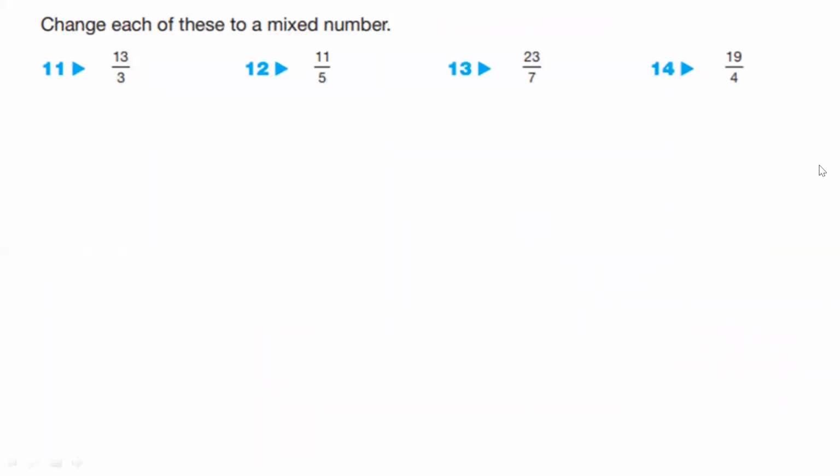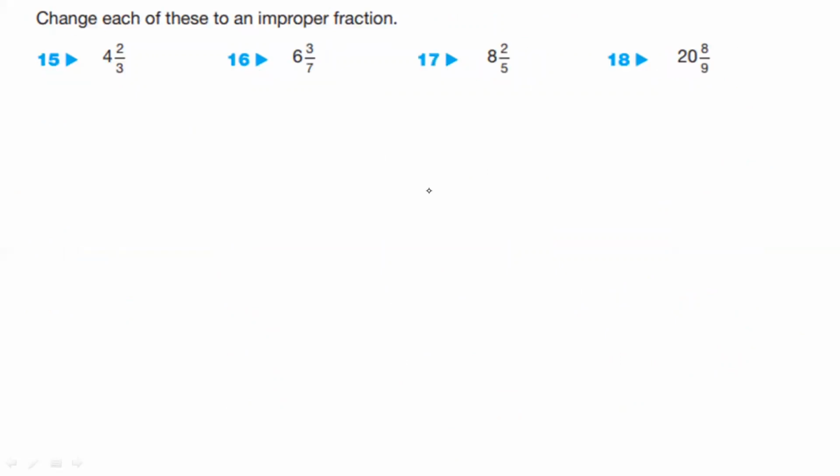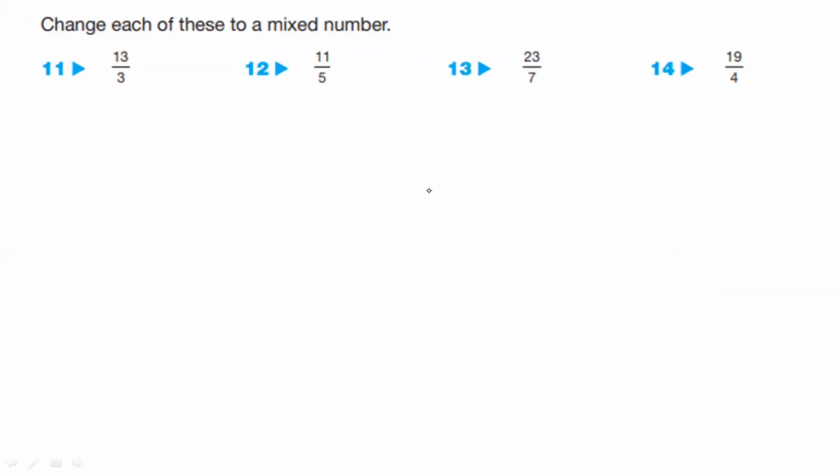Yeah, question number 11. Question 11 is, change each of these into a mixed number.